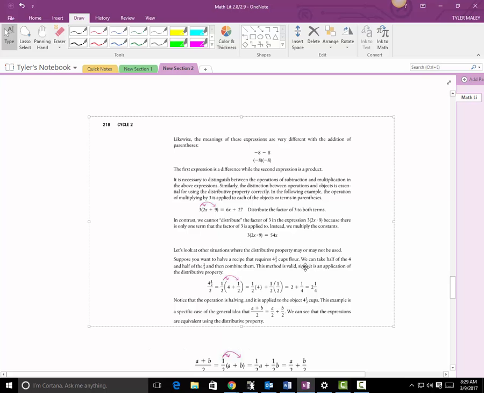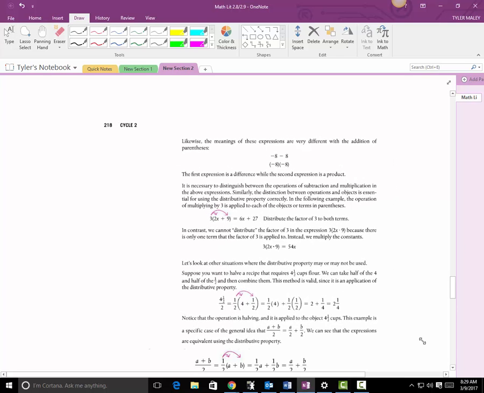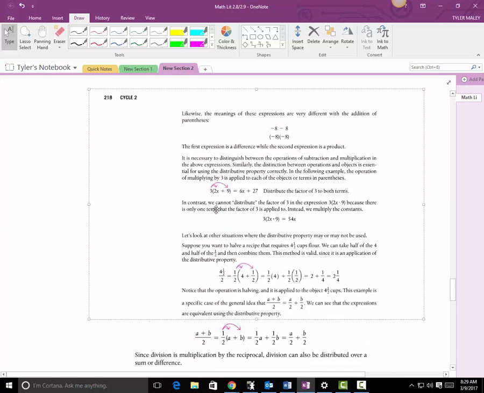So then the next part in the book, we have some more reading that I encourage you to read over on your own. I'm just pointing out some of the highlights. Like here in this box, they're talking about how without parentheses and with parentheses, these two expressions mean totally different things, right?